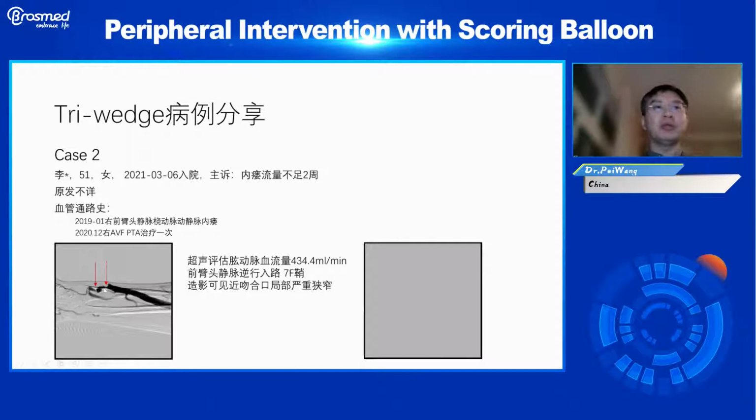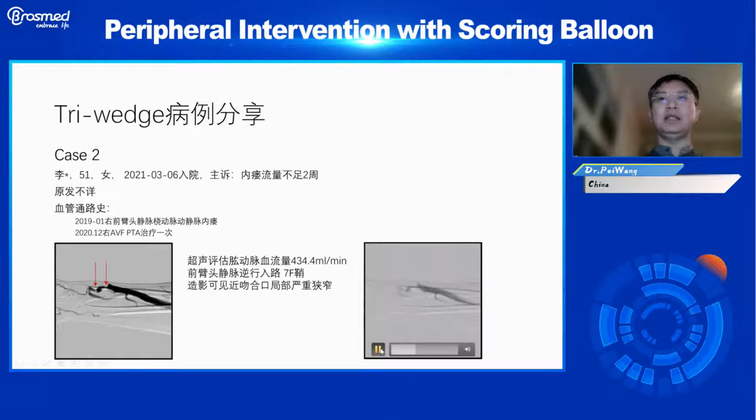And she received this intervention treatment. We could see the lesion was a tortuous lesion. The angle, there are 2 major curves. Actually, there are 3 major curves. The volume of the humeral artery was 434 ml per minute.